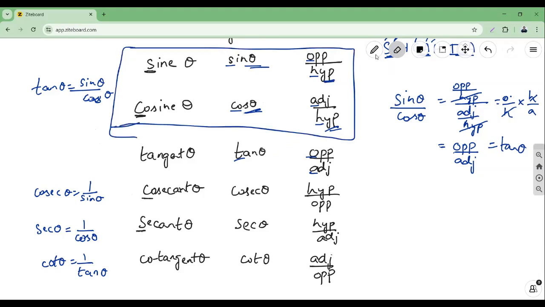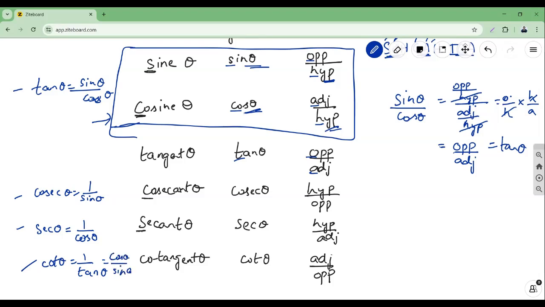So you might be saying, oh, I have to remember so many things. No, actually, no. Whatever I've written in the blue color, like this entire box, and the connection between sine theta and cos theta and the tan, those things you have to know. That's the point. That's all. Because cot theta is the reciprocal of tan theta, it is also nothing but cos theta divided by sine theta.